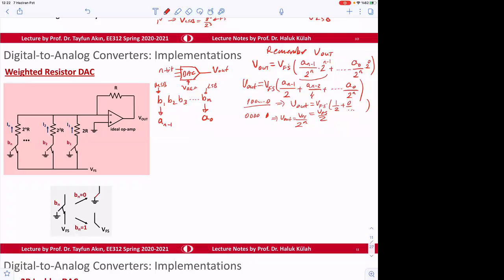Okay, so what happens? If you have a circuit like this, it is just an adder, as you know.